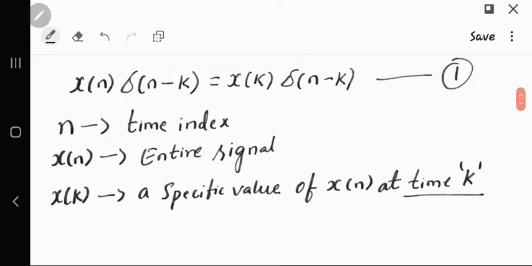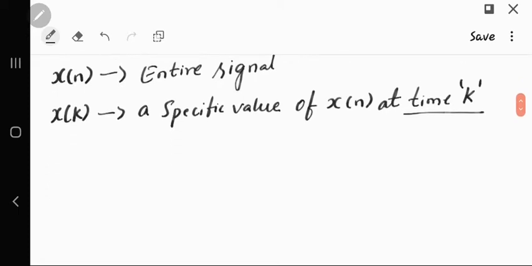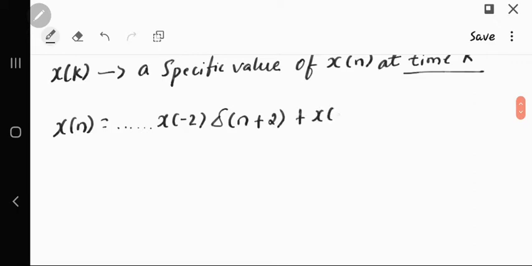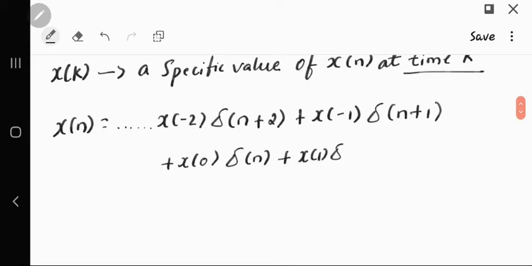Now if we apply some negative and positive values, let's see what happens to the above equation. That gives x of n is equal to x of minus 2 delta n plus 2, plus x of minus 1 delta n plus 1, plus x of 0 delta n, plus x of 1 delta n minus 1, plus x of 2 delta n minus 2, and it will go on.